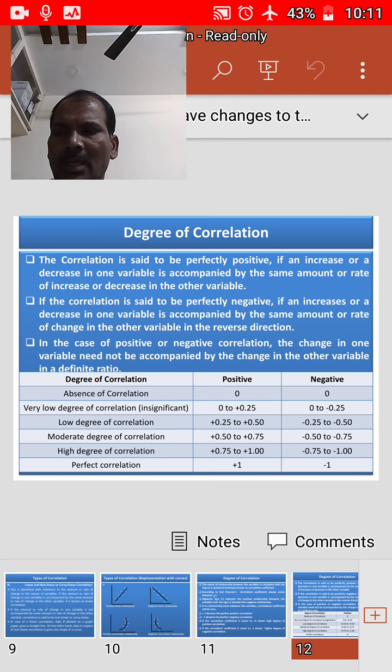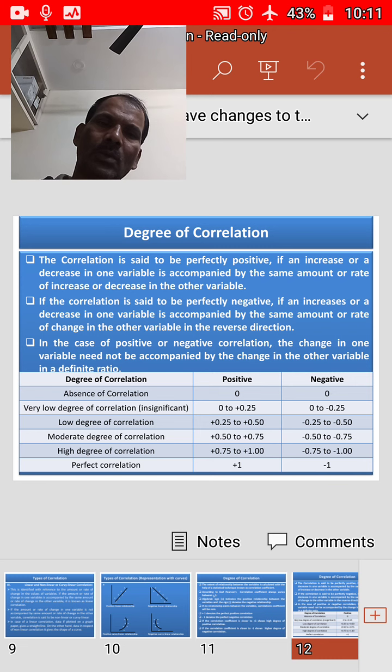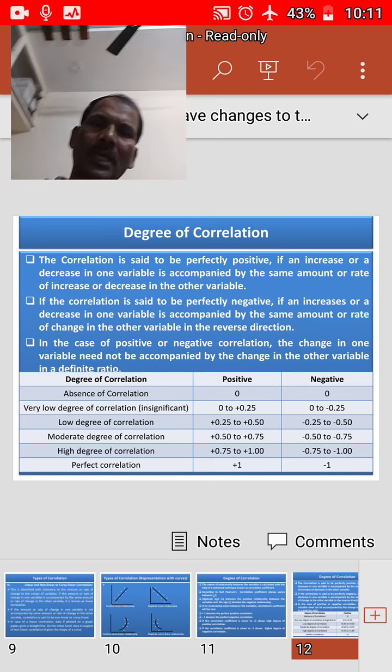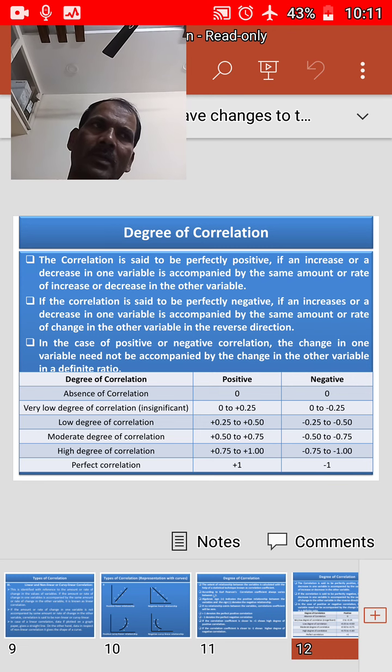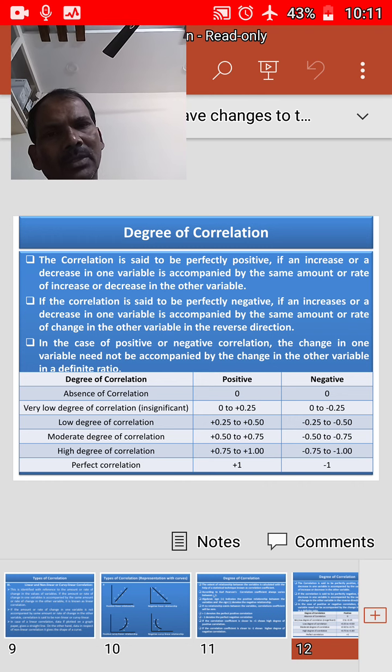Absence of correlation is indicated as 0, in both positive and negative cases. There is no relationship between the variables, hence correlation is 0; it cannot be positive or negative, so we put 0.